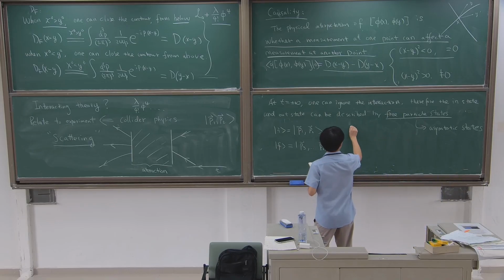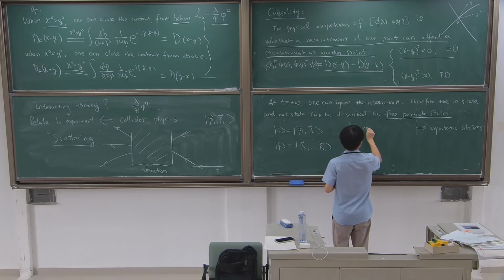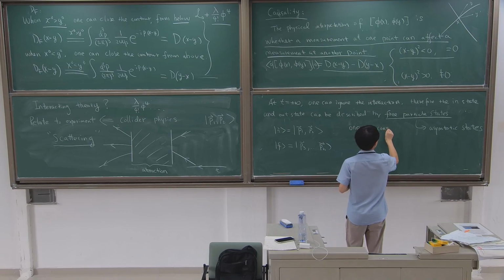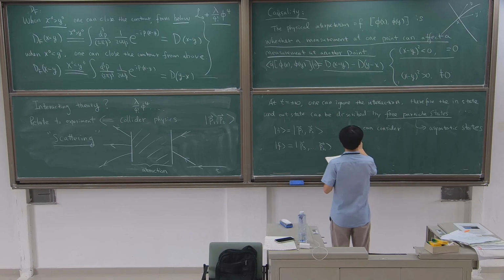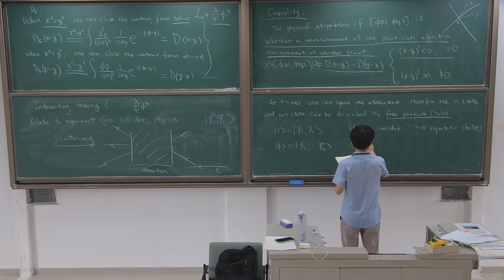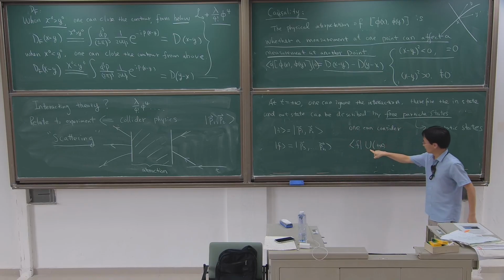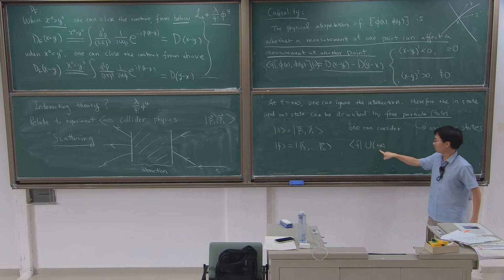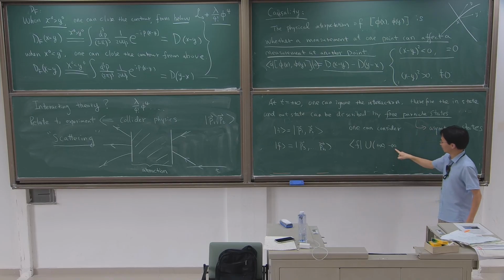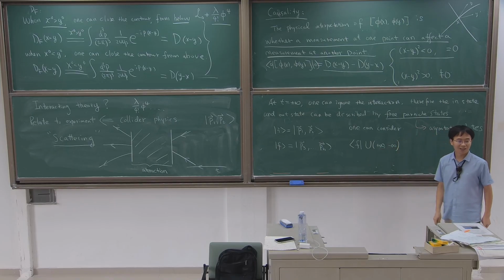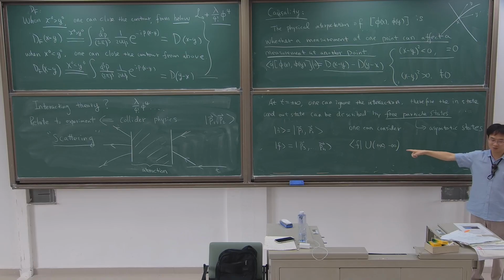For example, we can consider an evolution operator, U operator. The operator evolves from t equals minus infinity to plus infinity. At this moment, let me just put an abstract U operator to take the duty of doing it.